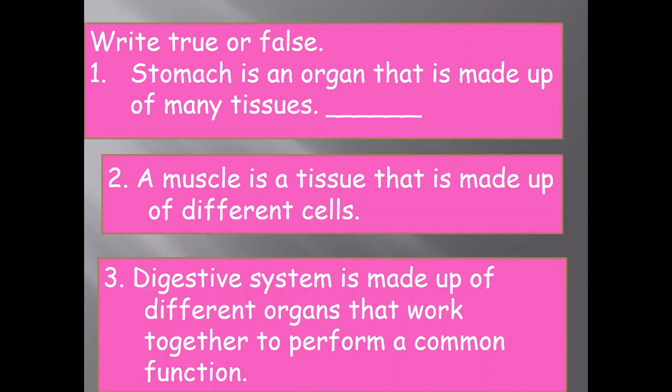These are different organs, but all of them work together to perform a common function, which is digesting the food. So this sentence is true, because the digestive system is an example of a system in the body, and as we mentioned before, a system is made up of different organs that work together to perform a common function. So number 3 is true.